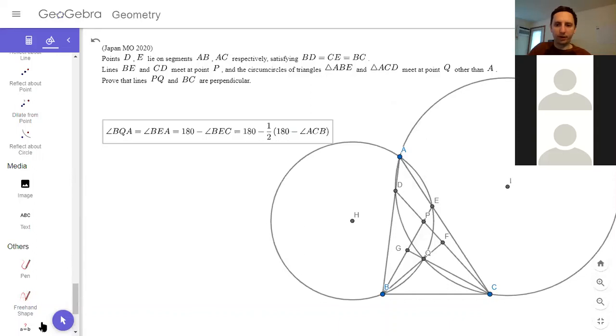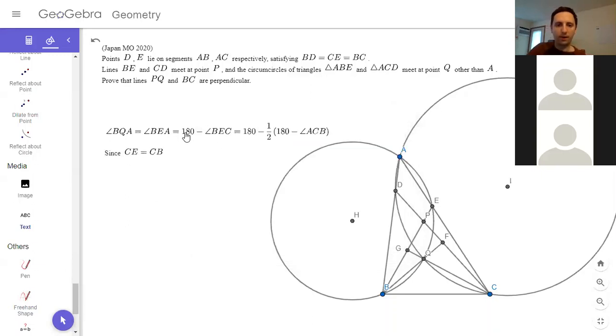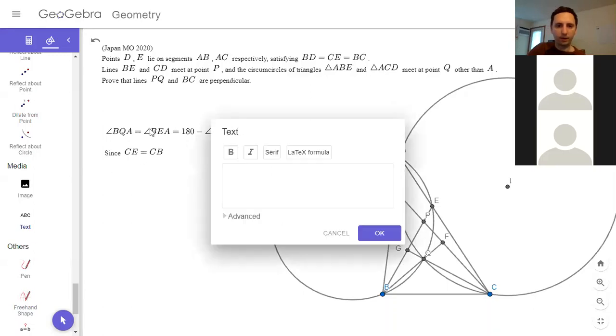Here we go. Since, okay, and then that simplifies to 90 minus half angle ACB.